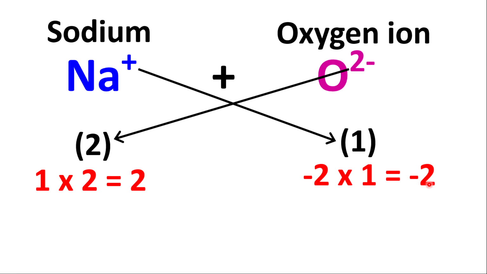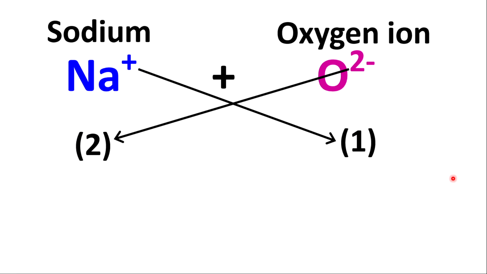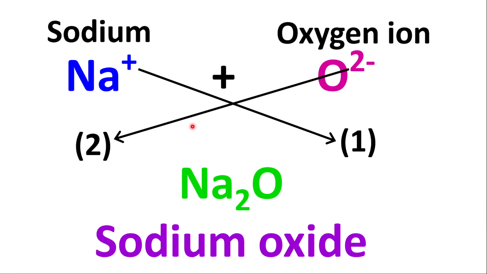If you work this out, we can say a positive 2 plus a negative 2 equals 0. So now we achieve the total charge equaling 0. So therefore, to make this compound, we require 2 atoms of sodium and only 1 atom of oxygen. Hence the formula Na2O, which is for sodium oxide.